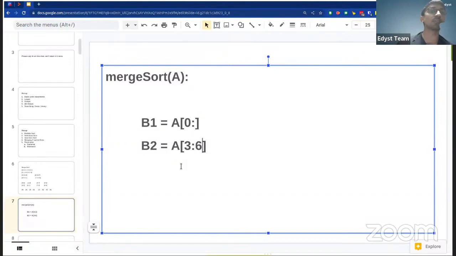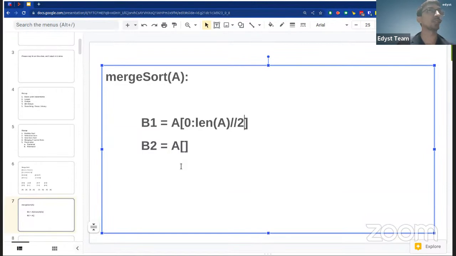So now, in terms of len of A, can you tell me the slicing over here? 0 to n. What is n? N is len of A. But this will be the entire array. I want only half the array.